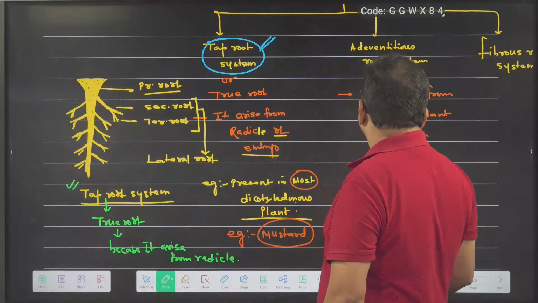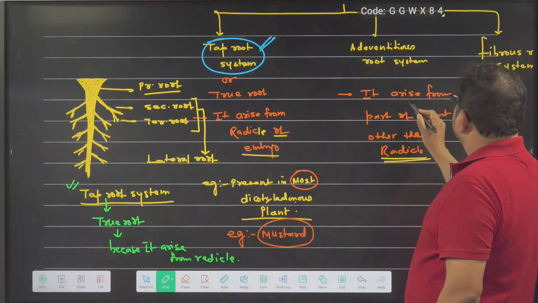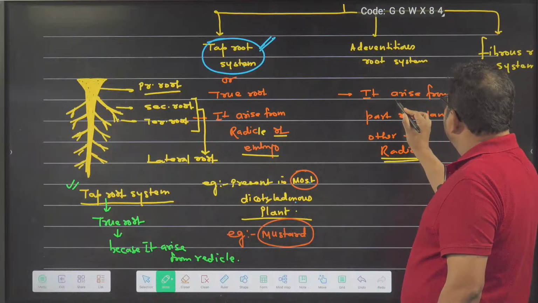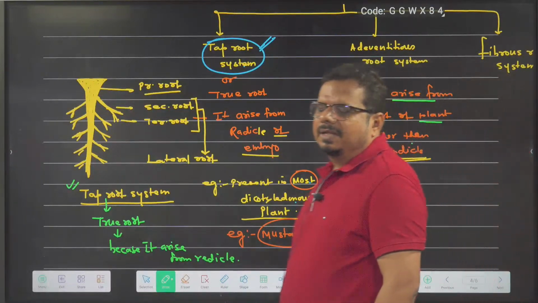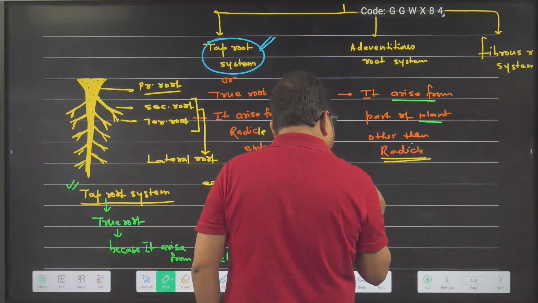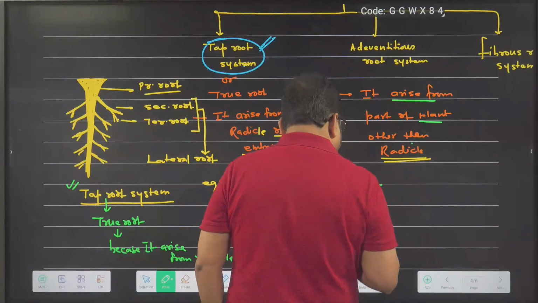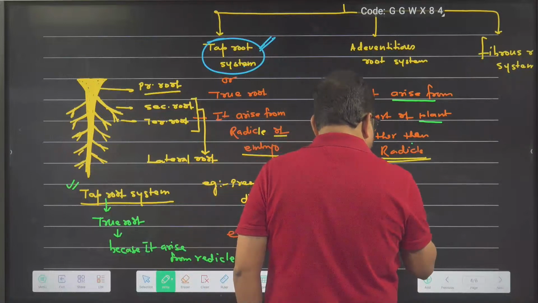Now we are coming to adventitious root. I wrote about adventitious root. These adventitious roots arise from part of plant other than radical. NCERT has given some examples of adventitious root. I am just telling you. Example, it is given about which one?